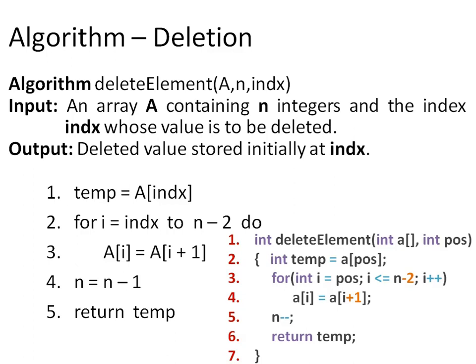On the other hand, when we try to delete the first element stored at index position 0, then all the elements have to be shifted towards the left, and thus this will be the worst case and it is of the order of n. So that's all about the basic operations on arrays.